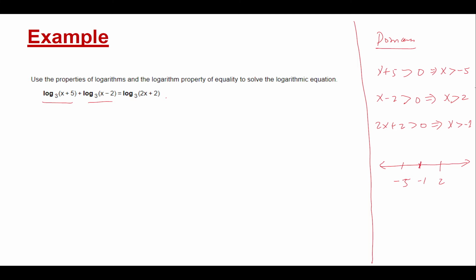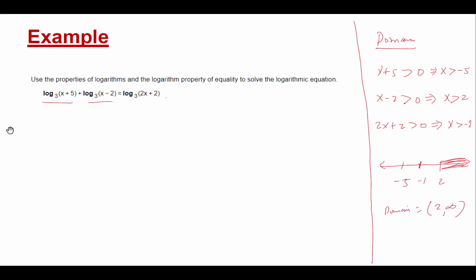For the intersection, the domain of the log functions we are using here is anything greater than 2, because it's the intersection of all three. This interval will satisfy all three functions. So after solving this equation, if our answer is not from this interval, then we're not going to accept that answer.